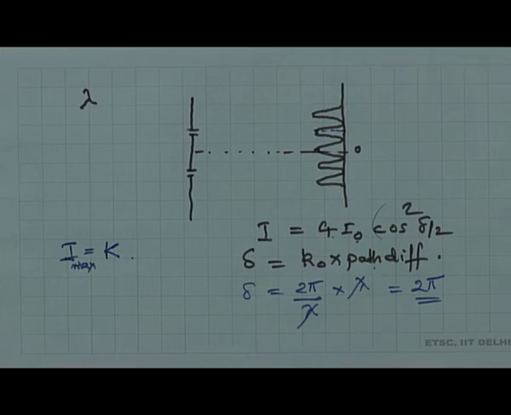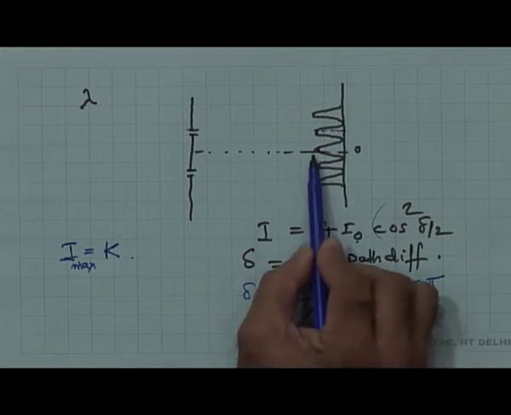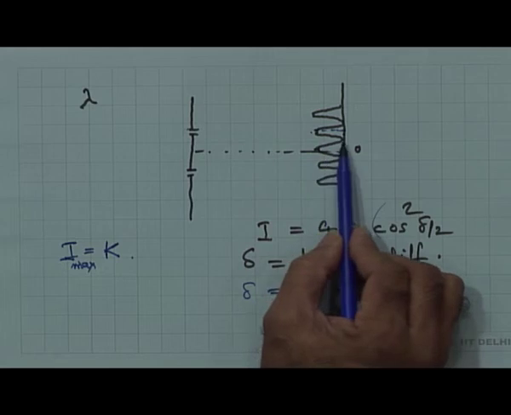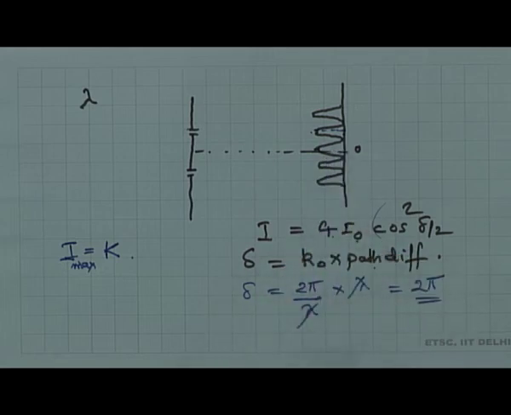The question is, what is the intensity of light at a point where the path difference is lambda by 3? Here the path difference is 0, here it is lambda, and at some point the path difference is lambda by 3.